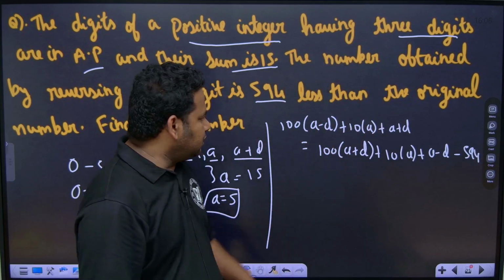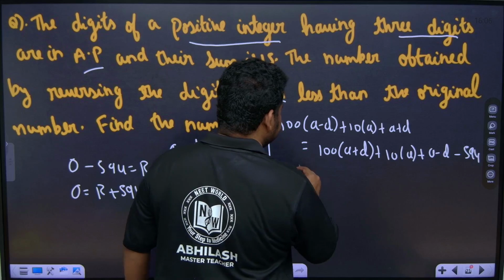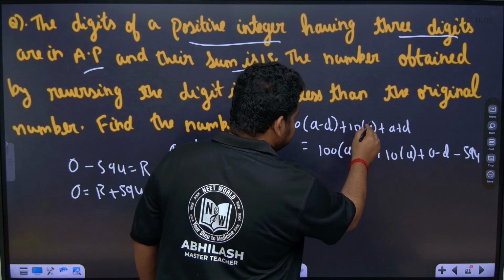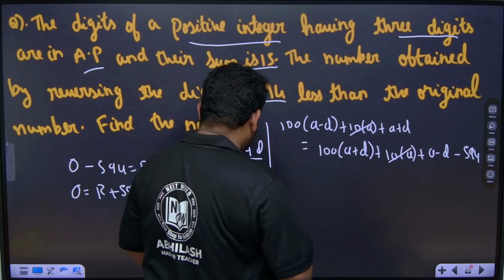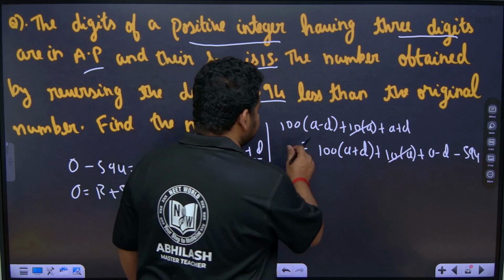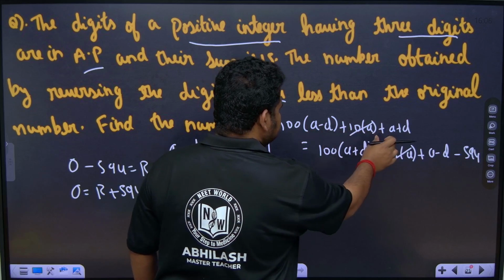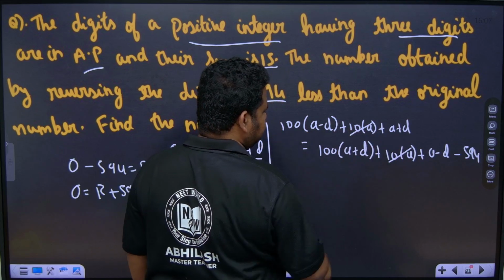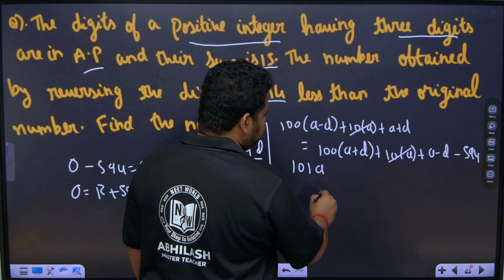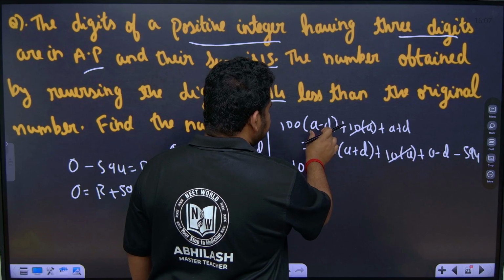What I have written? Now see here. 100 into a is 100a. 100a plus 10a plus, this 10a and 10a I can cancel. Let me do it. 100a plus a is 101a.